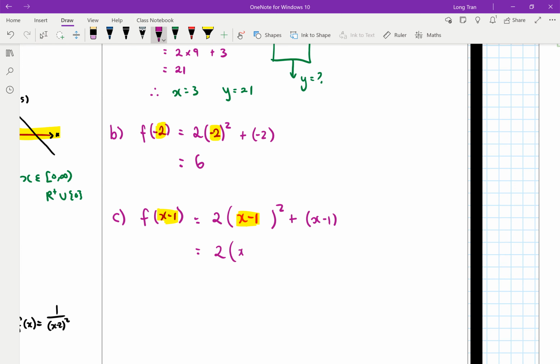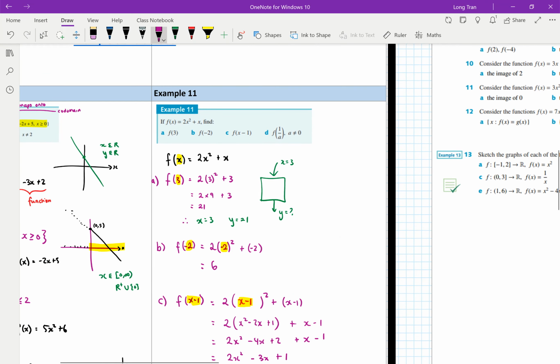That becomes 2 times x squared minus 2x plus 1 plus x minus 1. Expand the brackets, that becomes 2x squared minus 4x plus 2 plus x minus 1. And you can see this now becomes 2x squared, negative 4x plus x is negative 3x, and then 2 minus 1 is positive 1, which is essentially what I got over there. See?